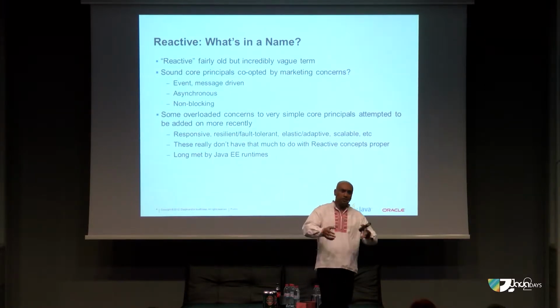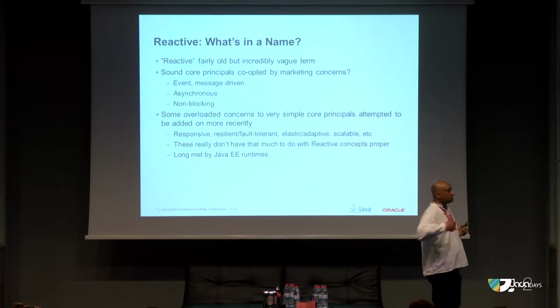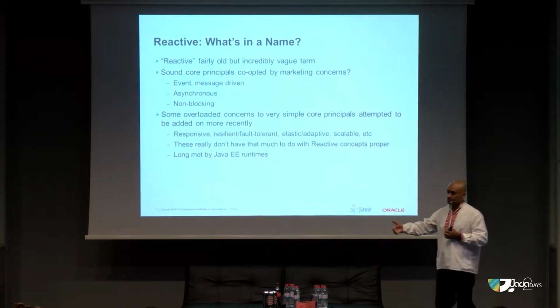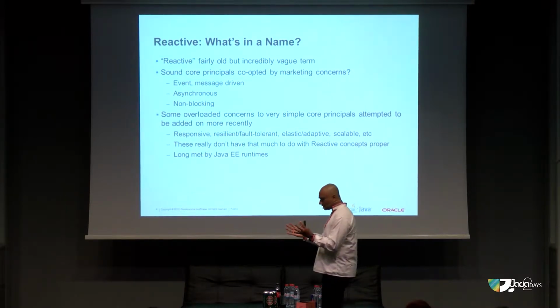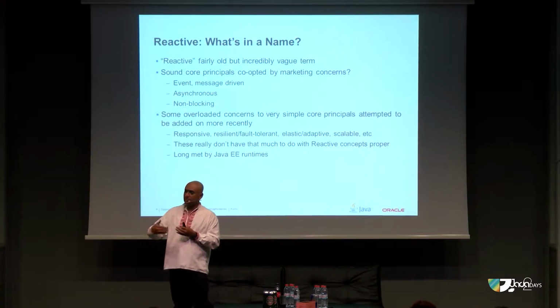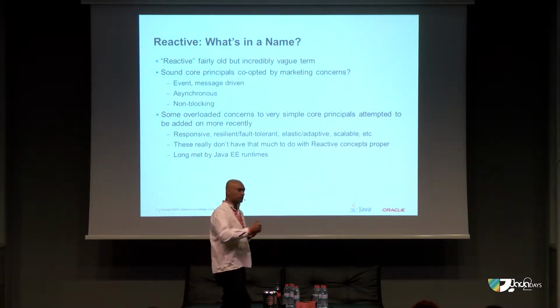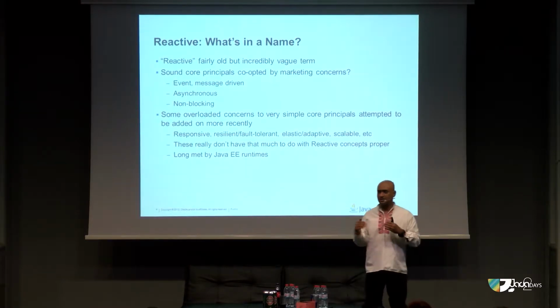No matter what anybody tells you, it's an impossible problem. What you can attempt to do is reduce the possibility of blocking. So this, again, is an important fundamental concept. The more of these three things you're dealing with, the more likely you are dealing with reactive programming. In fact, these three things fit quite nicely in the context of Java EE.